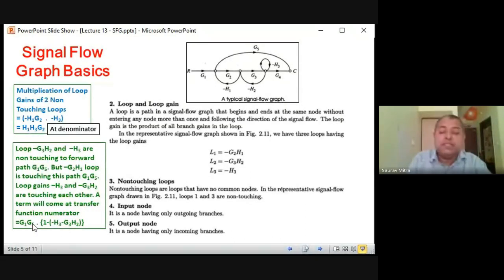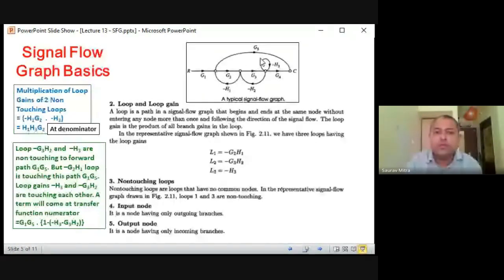So the forward path will be multiplied by 1 minus the addition of all the non-touching loops for this forward path. So this is a concept which students don't understand, but it is very simple. Write the forward path, that is gain G1, G5 multiplied by 1 minus all the non-touching loops.